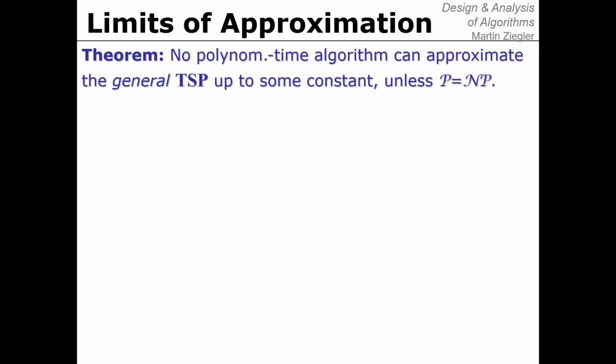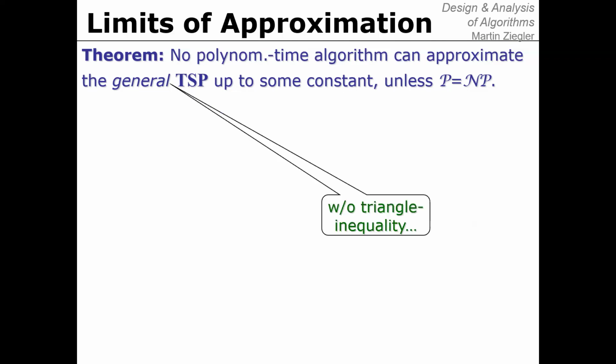But if P is different from NP, then provably we cannot approximate the non-metric traveling salesperson problem up to any constant factor, not up to factor 2, not up to factor 1000, not up to any desirable factor. So the two algorithms we considered really need this triangle inequality, not just in the proof, but also it's inevitable.